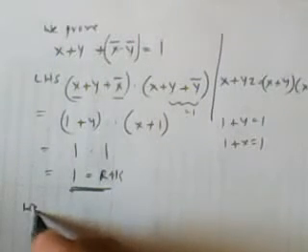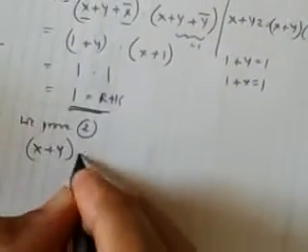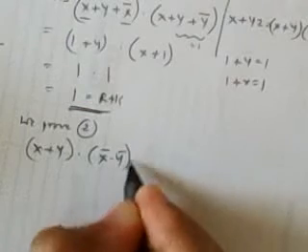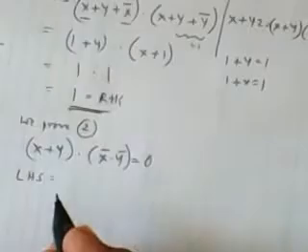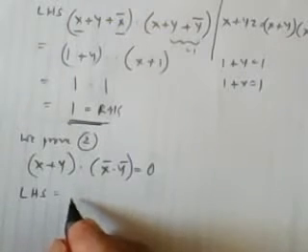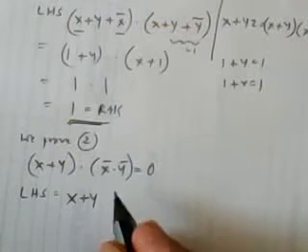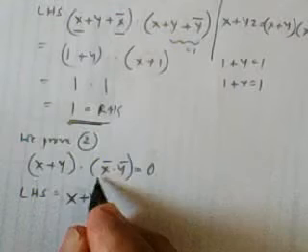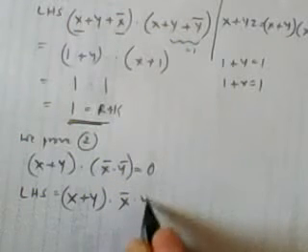Now we prove the second. That is (x + y) whole into x̄ · ȳ is equal to 0. We prove that the LHS is equal to 0. LHS: (x + y) · x̄ · ȳ.